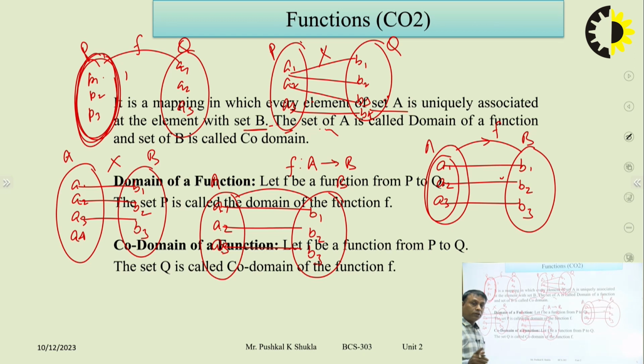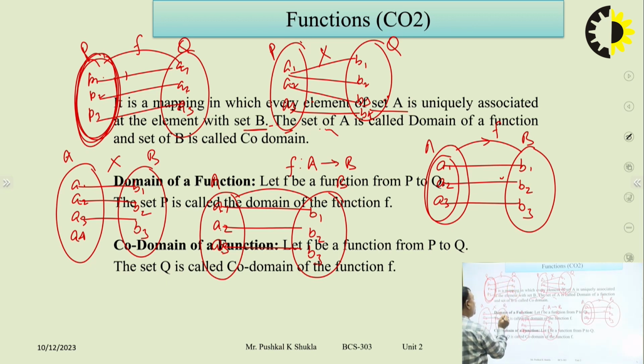And now the question is, what is the range? The range is the part of the codomain which has a pre-image, the elements which have a pre-image in set P. Here Q1, Q2, Q3 are the range of the function and also the codomain of the function.